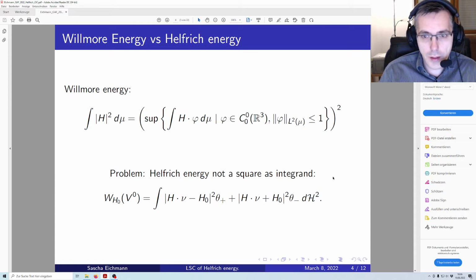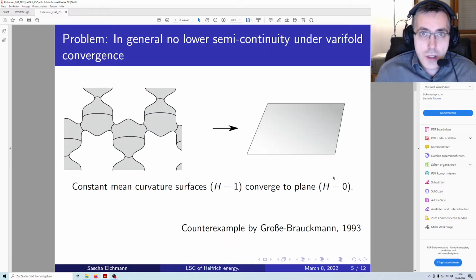Okay, one might think, just because one proof does not work, maybe we can find another one. Unfortunately, in general, this is not true. Carsten Grosse-Brauckmann in 1993 actually found a counterexample for this lower semi-continuity estimate.